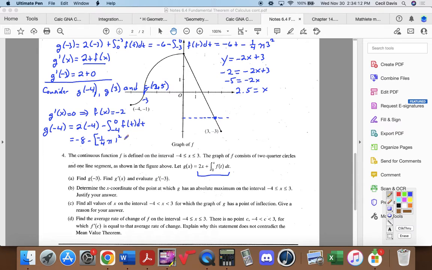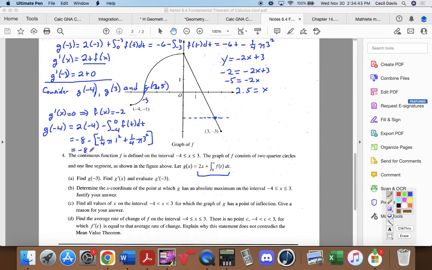Plus the part above the axis. So that's going to be 1/4 of pi times 3 squared. And because we're going to compare this, I'm going to simplify it at least a little bit.